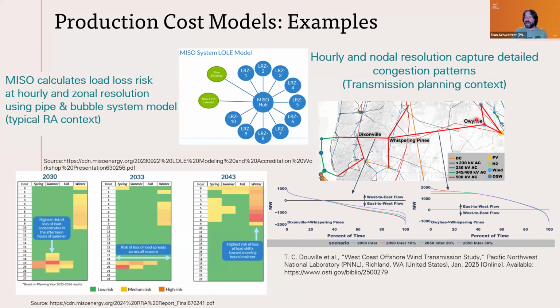And here we have a more detailed transmission model. So we're seeing actual transmission lines and actual generation at specific points in space. And we can therefore capture the flow on individual lines. These are sorted in time in order to be more visually clear. But you have actually 8760 values for each realization.